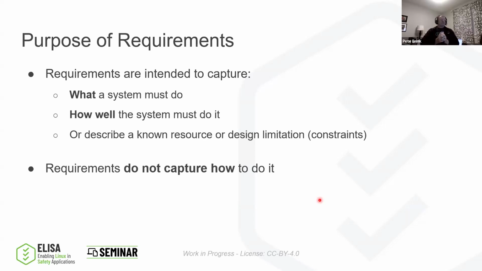Most specifically, and this is a pattern that I want people to avoid, requirements do not capture how to do it. I see a lot of people wanting to write requirements that basically say, write the code this way. And really, you can do it, and it does actually produce the code that you wanted, but that kind of implies that you wrote the code already and then wrote the requirement around it.